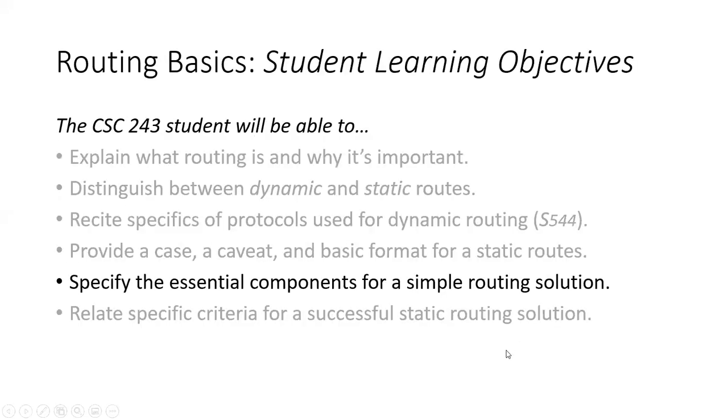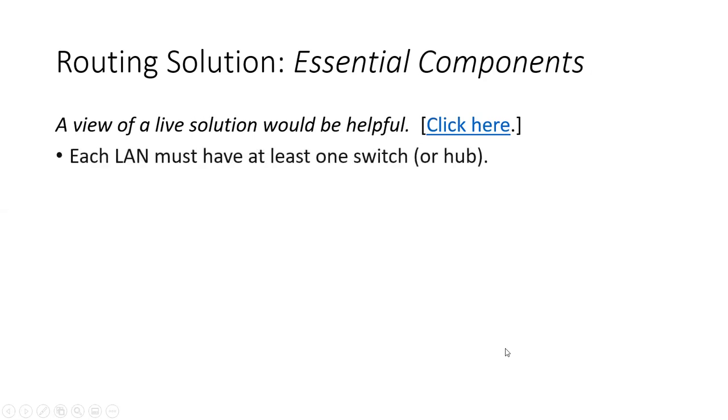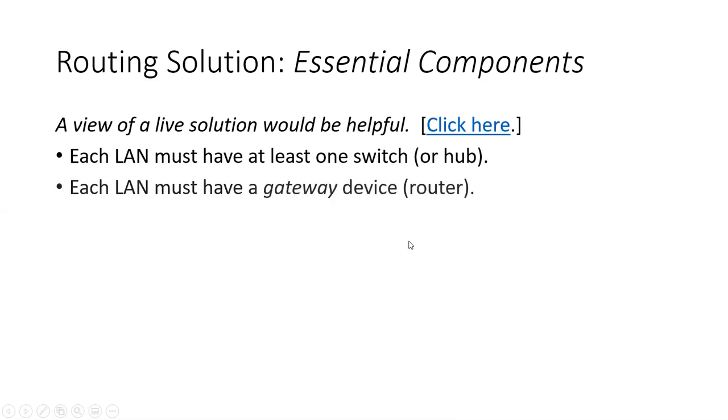Let's stop sharing and share the whole screen now. We want to specify the essential components for a simple routing solution. We're going to return to the live solution video in just a moment. What it'll show is that each LAN must have at least one switch or hub.